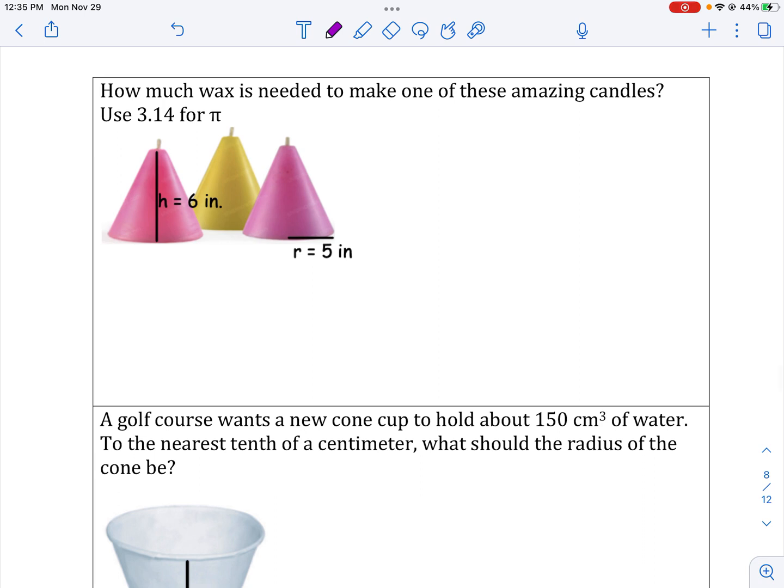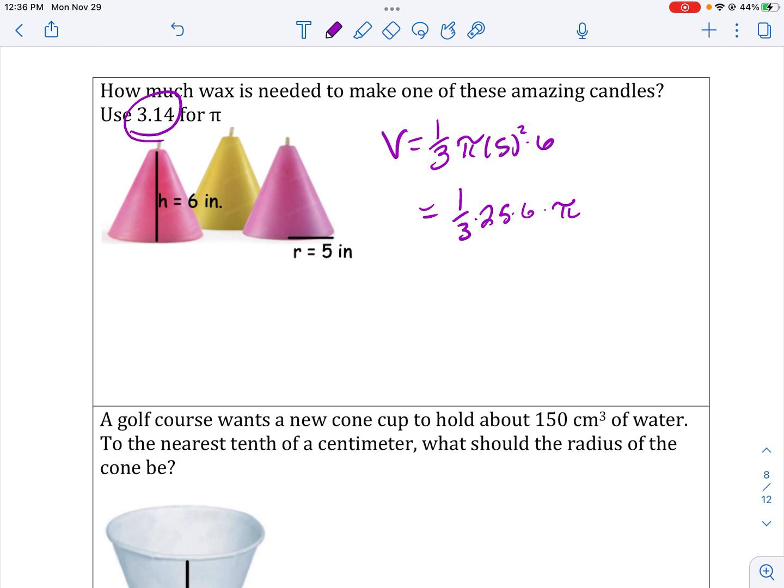So how much wax is needed to make one of these amazing cone-shaped candles? Well, we have the radius and the height labeled. So we have 1/3 pi times our radius squared times height. And it says to use 3.14 for pi. So we'll solve in terms of pi, and then at the very end I will plug in 3.14 for pi.